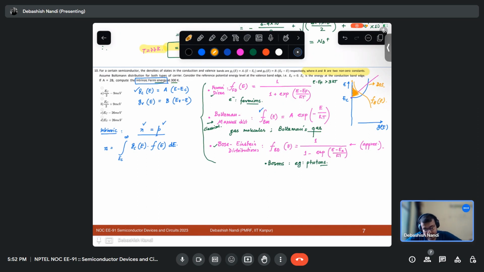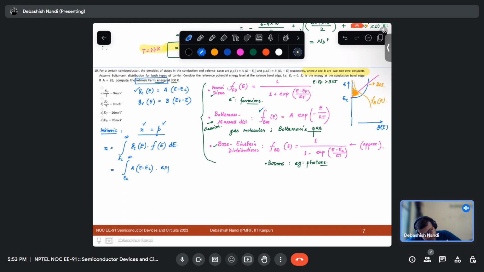So this problem is designed to make you understand the process of how you calculate N and P. I know everything to compute this integration. EC I know. GC I know. What is GC? A of E minus EC. F of E I know.